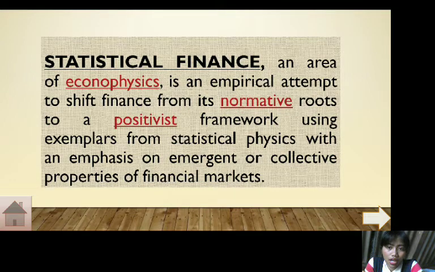However, there is almost no interaction between the community of statistical finance researchers, who typically publish in physics journals, and the community of financial econometrics researchers, who typically publish in economics journals.